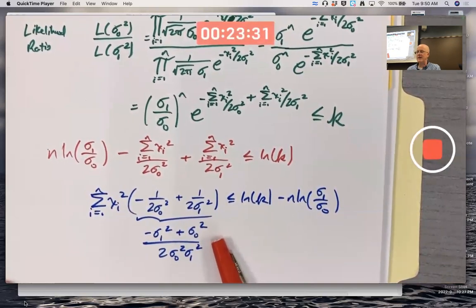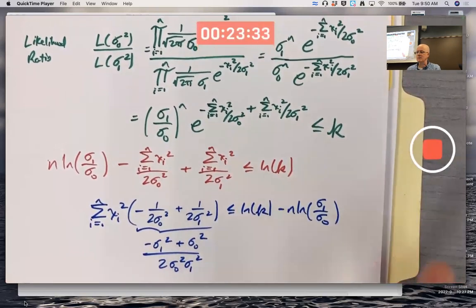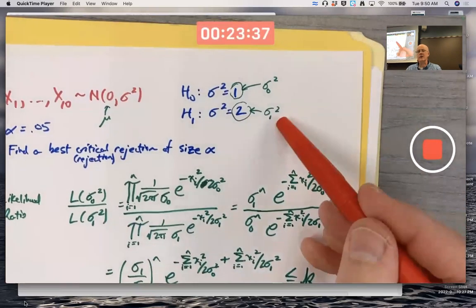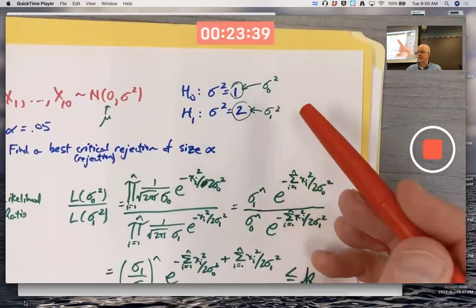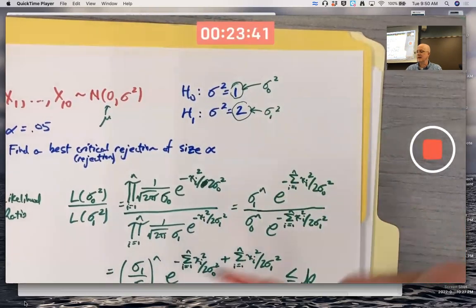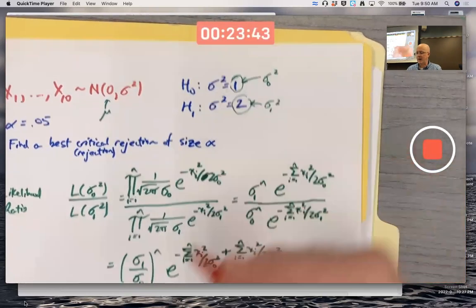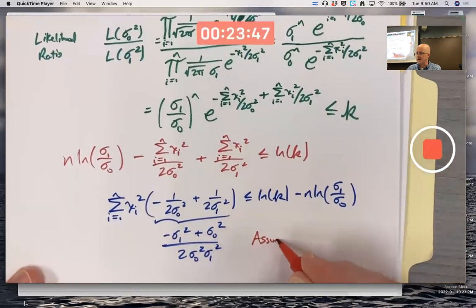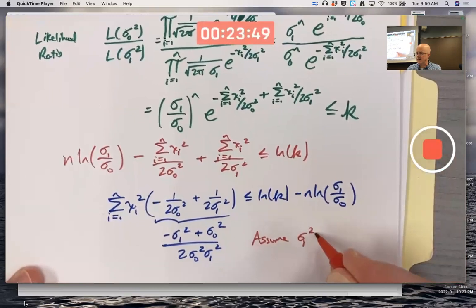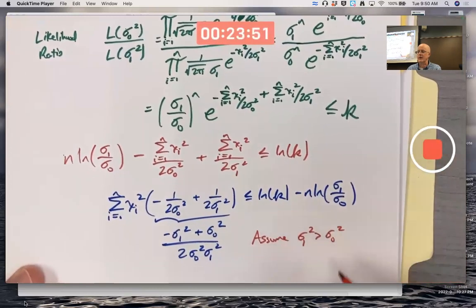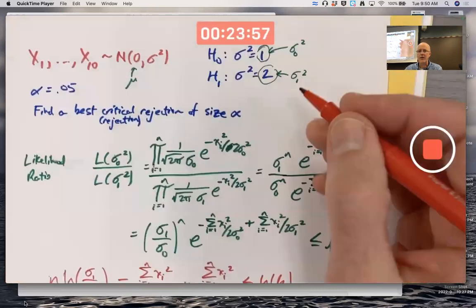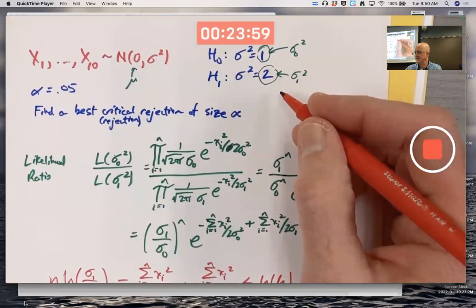Okay, now here we need to go back and look at our actual form of our hypotheses here. Sigma 1 squared is bigger than sigma 0 squared for this example, certainly. And at this point, even in the general case, let's assume sigma 1 squared is bigger than sigma 0 squared. In other words, we're doing a right-tailed test effectively, in a sense, that we're not using an inequality for the alternative hypothesis.